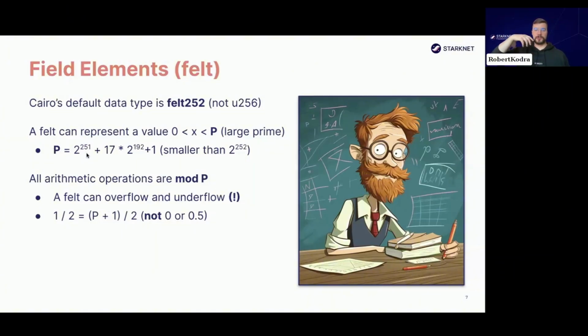If you have a felt with the value 0 in your storage and you subtract 1, it would underflow and be represented modulo P as the largest number.